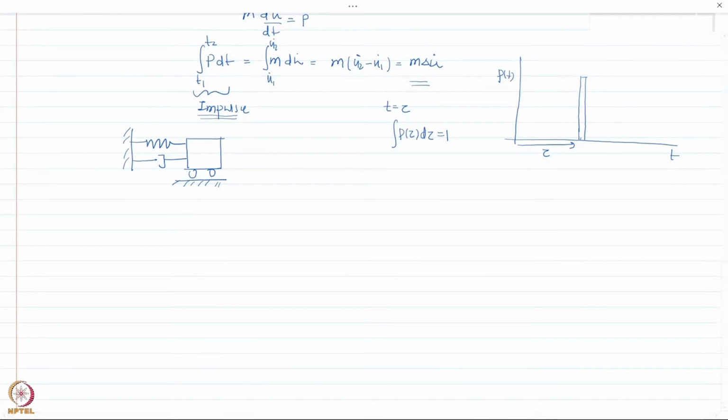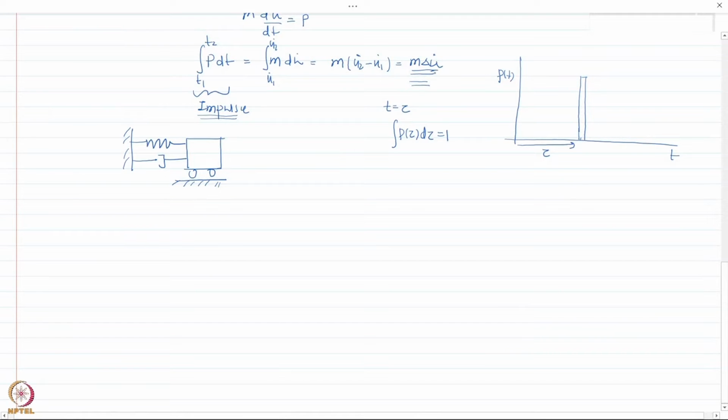When we have this spring mass damper system and we apply a unit impulse at time t equal to tau, what will happen? It would lead to a change in momentum.